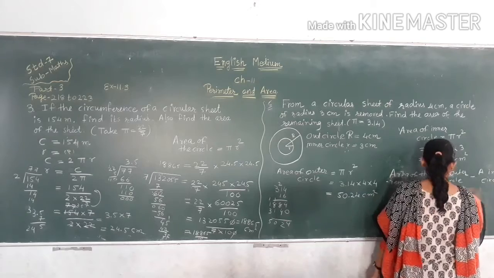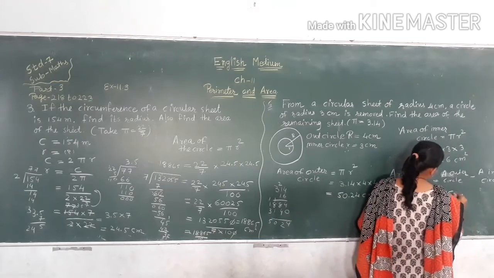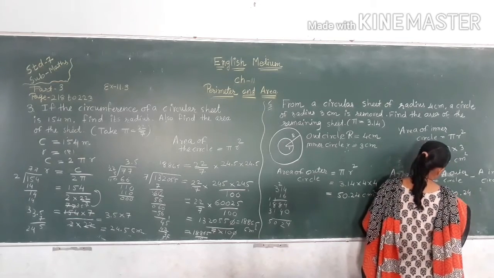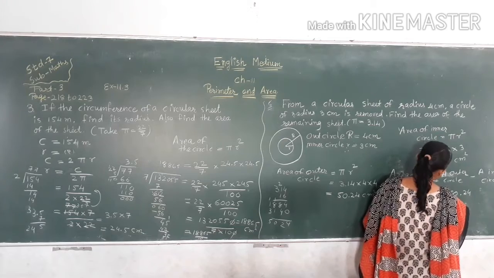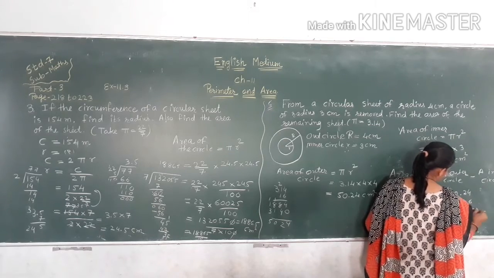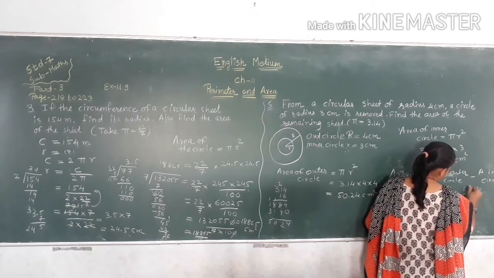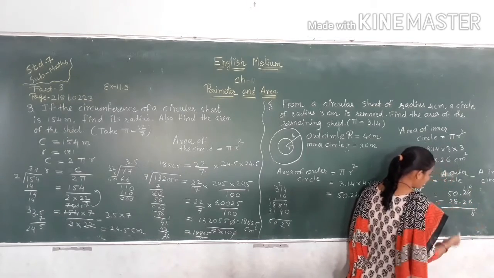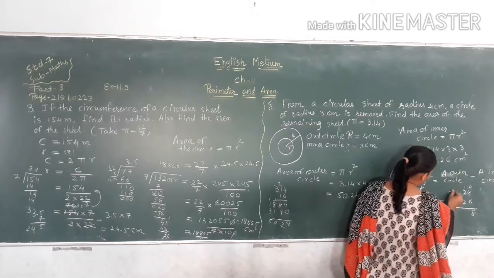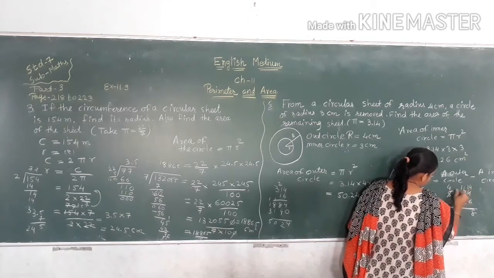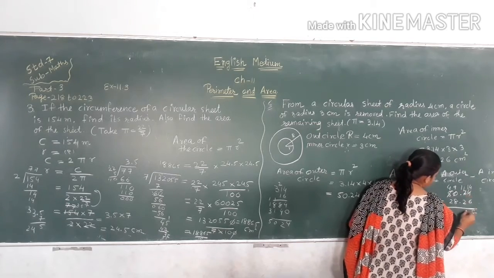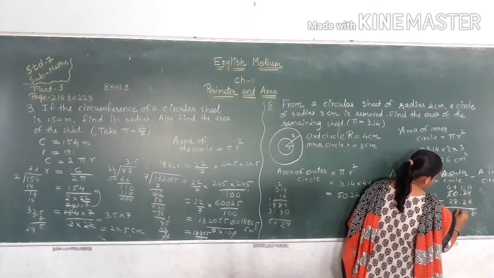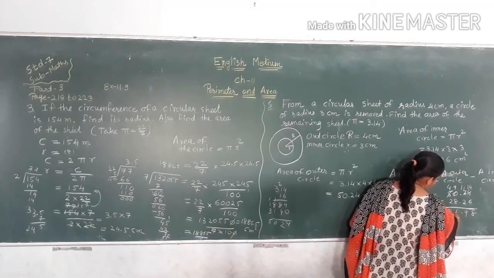So here 50.24 minus 28.26. Now here 14 minus 6, 8. Again 1 minus 2, it is not possible. Here 4, here 11. 11 minus 2, 9. 9 minus 8, here 1. 4 minus 2, 2.